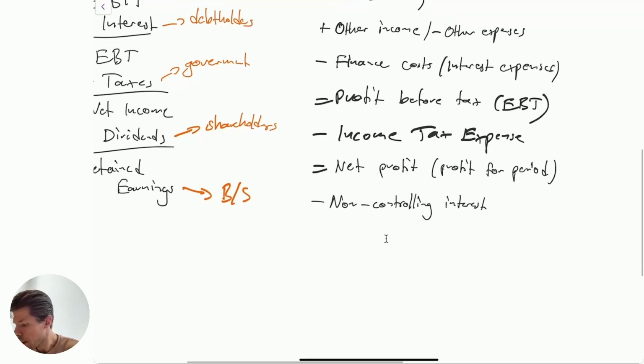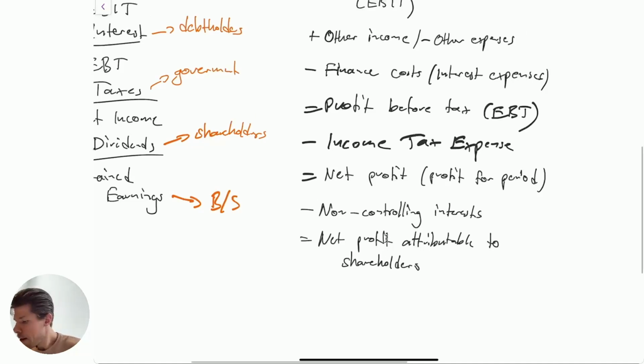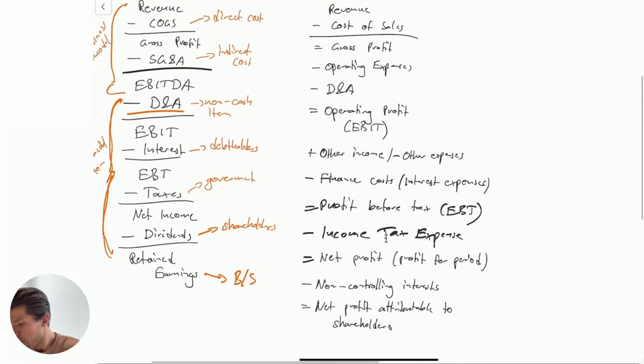I explain what those are in a second. And then net profit attributable to shareholders. Yeah, a bit different how the structure looks like. A few items similar, structure a little bit different.